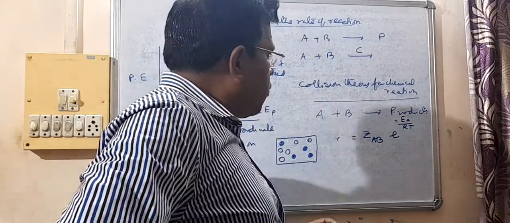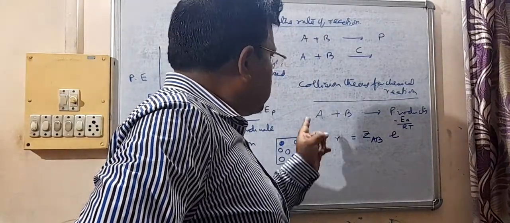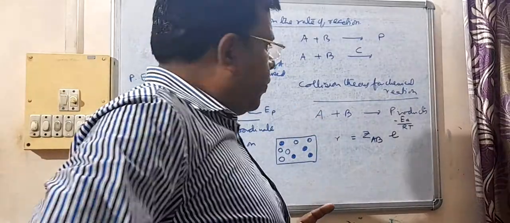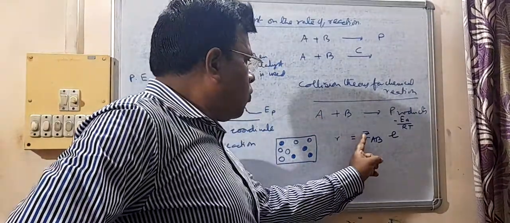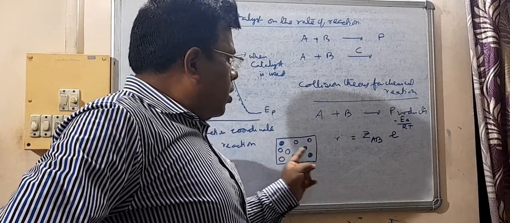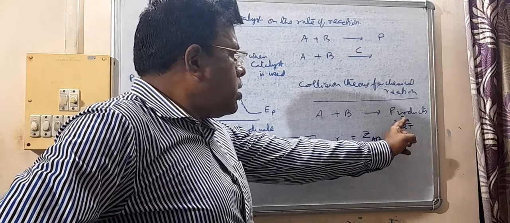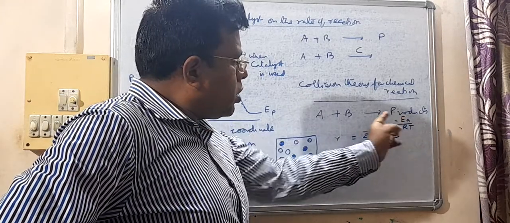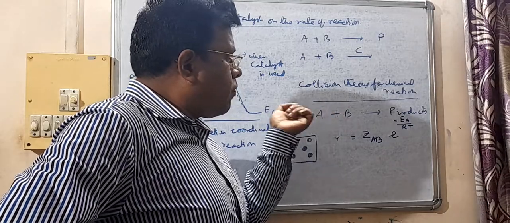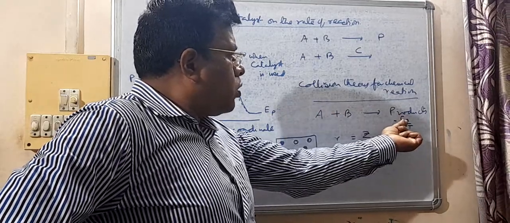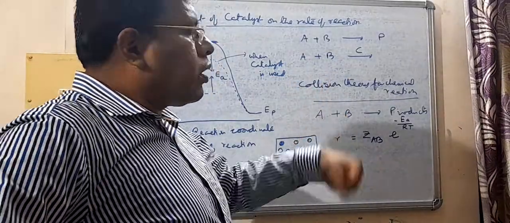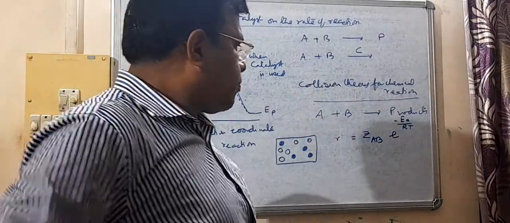This is the number of binary collisions per unit volume per unit time. More the value of ZAB, more will be the rate of reaction. The reacting molecules must have energy equal to EA or more than EA, then only collision will result into products.